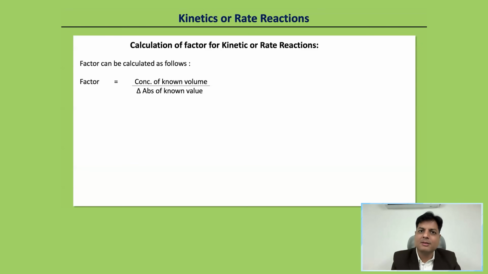Then this factor is used to calculate the concentration of the unknown value, where the concentration of the unknown value is equal to delta OD of the unknown value multiplied by the factor. Again, we are taking into account the change in absorbance of the unknown value, or the patient sample.